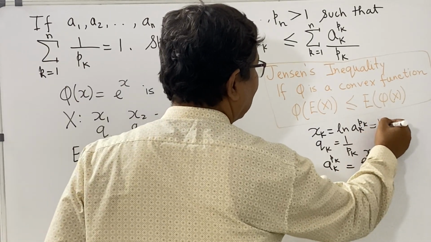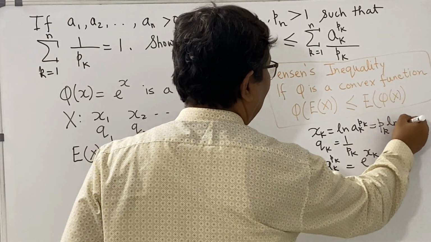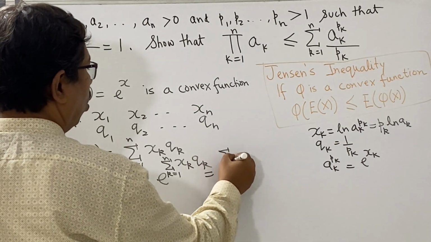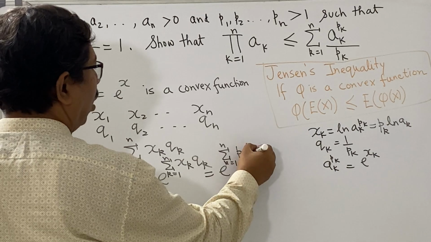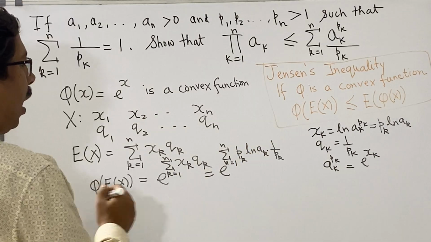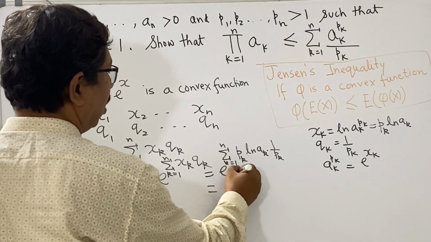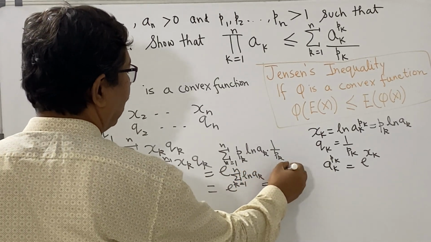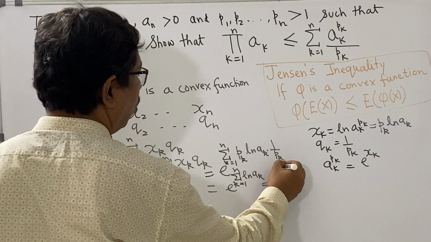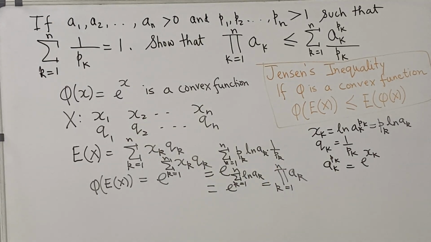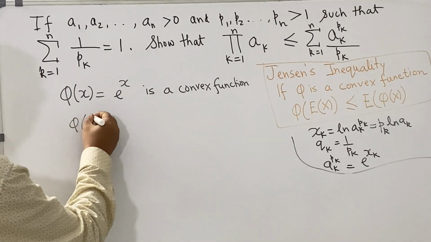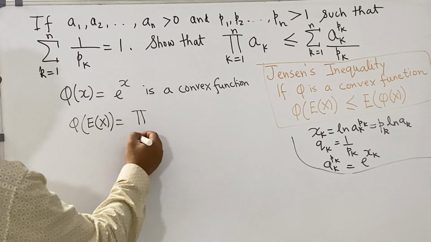Remembering that xk is pk log ak, we get e to the power summation k equal to 1 to n of pk log ak into 1 by pk, and that is nothing but e to the power summation k equal to 1 to n of log ak, and that is the product of the ak's, k equal to 1 to n. So, we have already noted that phi of the expected value of X is the product of the ak's.